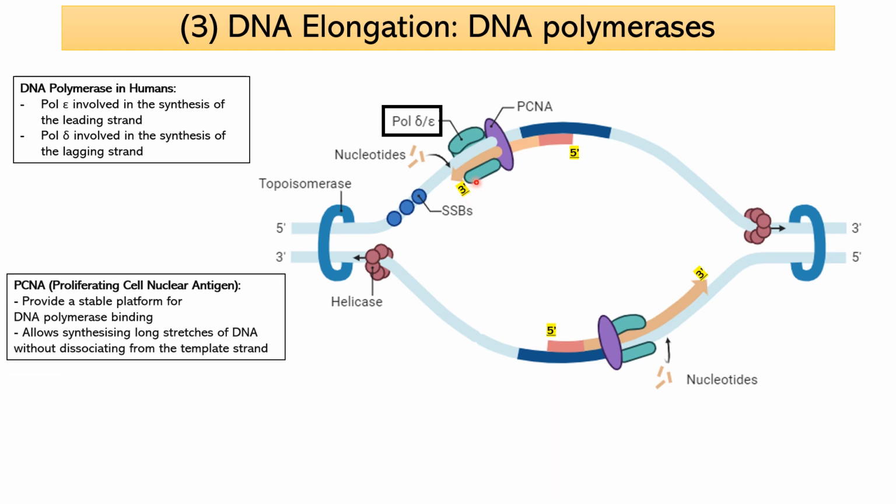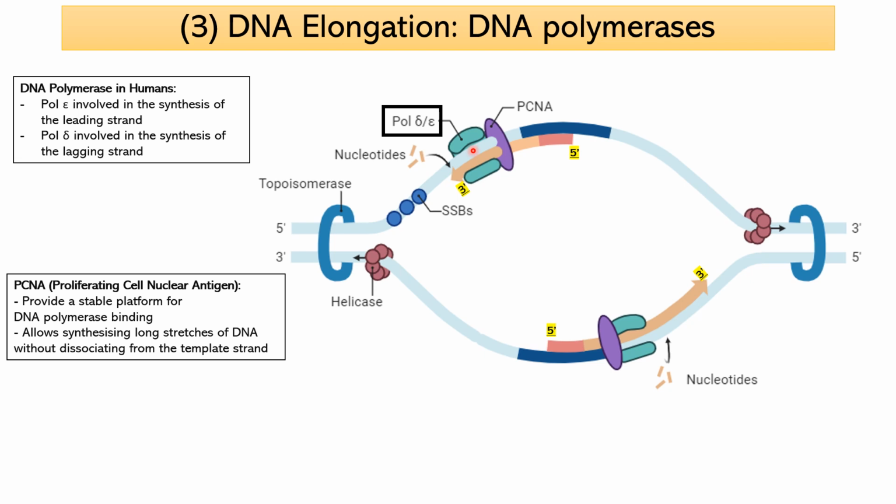The second thing here is this protein, which is the proliferating cell nuclear antigen, or PCNA for short, and it has two main functions. The first function is that it stabilizes the DNA polymerase binding to the DNA, so it allows binding.